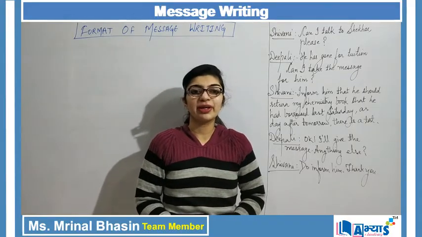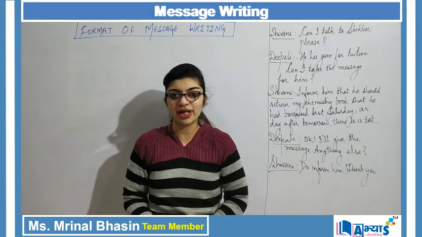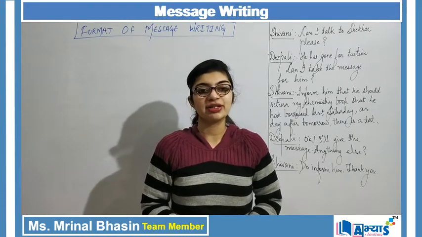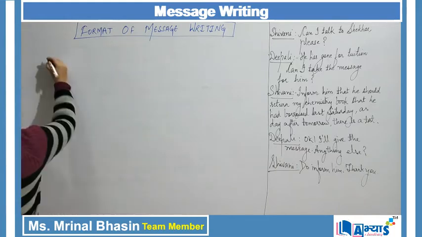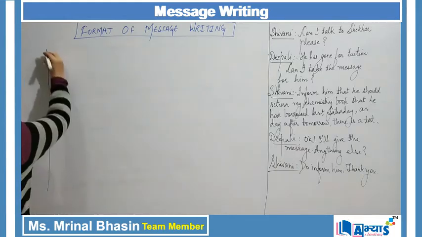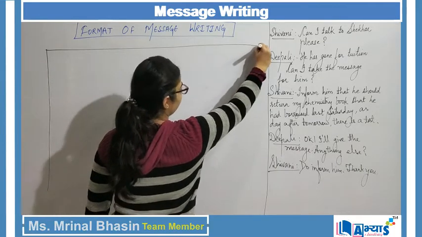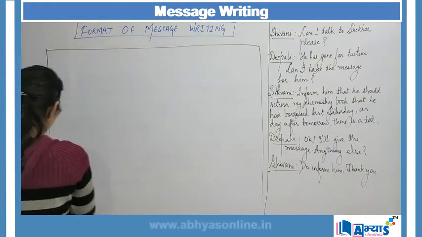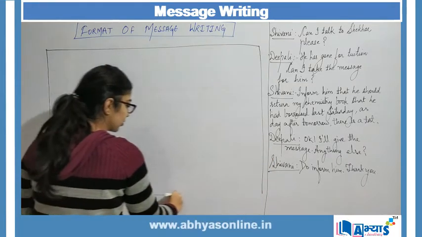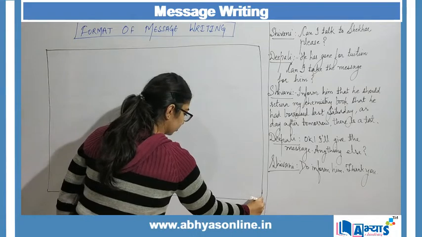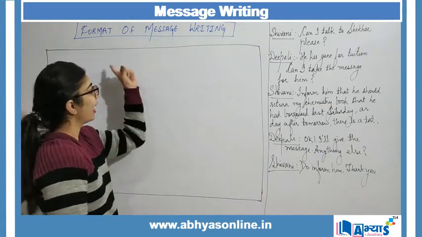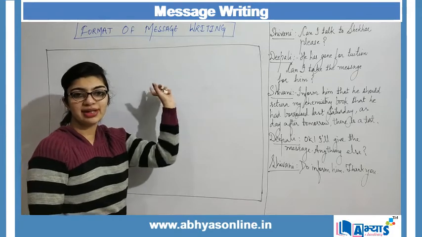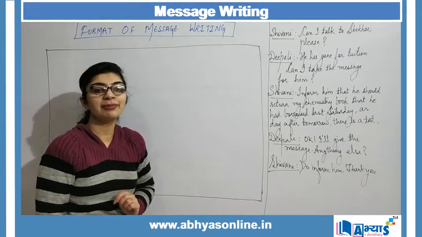So now let us begin with the format of message writing. I said that the message should always be in a box. So first of all, I will make my box for writing the message. Now within the box, my topmost heading will be in the center and that heading will be Message.